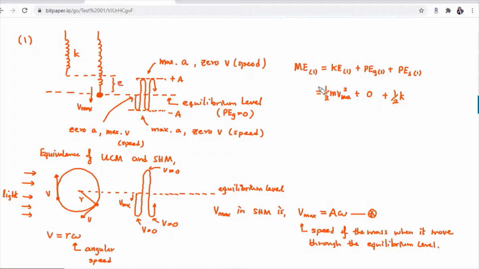So extension would be the change in position from the natural length of the spring. So that is going to be e. So I'm going to put e squared there, and then I'll make the substitution for Vmax. That would be 1/2 m A squared omega squared, because Vmax is A omega. So we square that term, and then we get 1/2 k e squared.